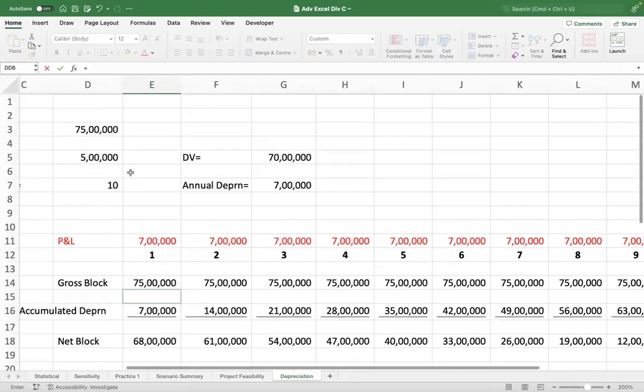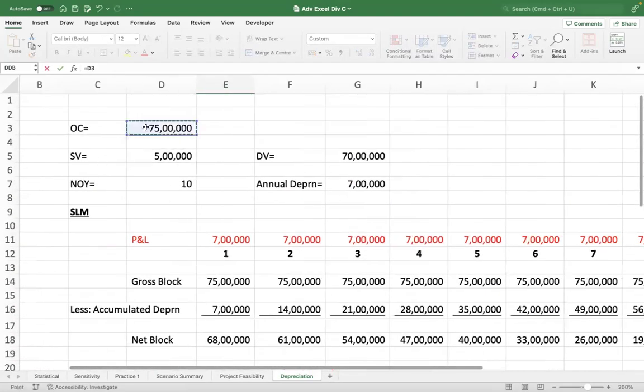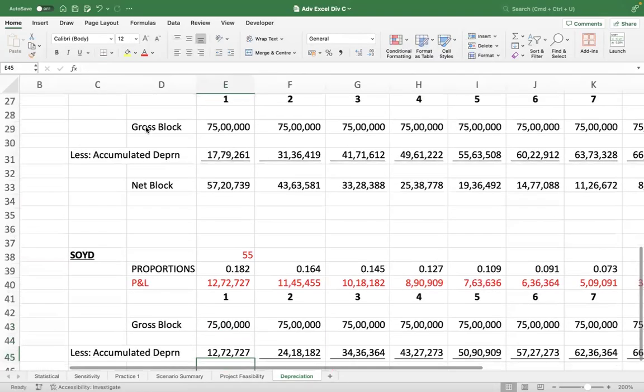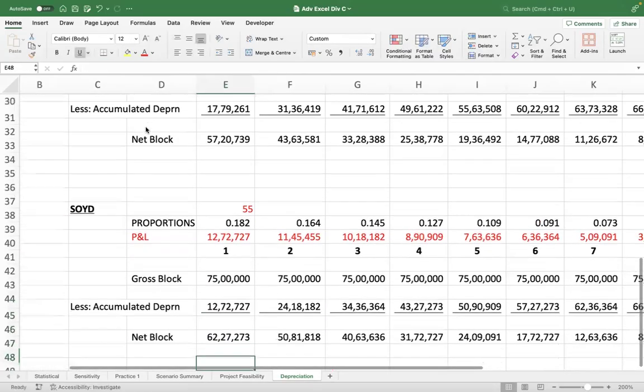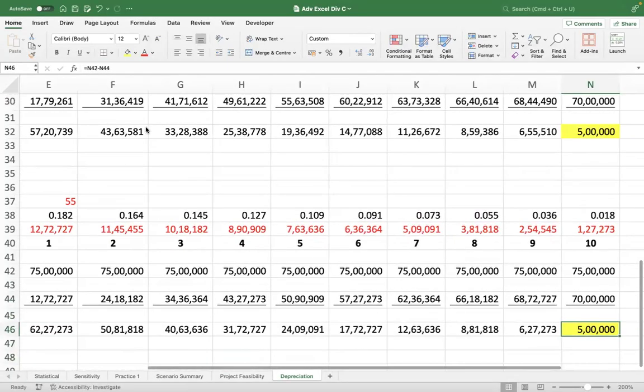Gross block is remaining at 75 lakhs. Okay, depreciation we have already got. And now again, what are you seeing at the end of the 10th year? Again, you are seeing a salvage value of 5 lakh rupees, which means your SOYD workings are also correct.